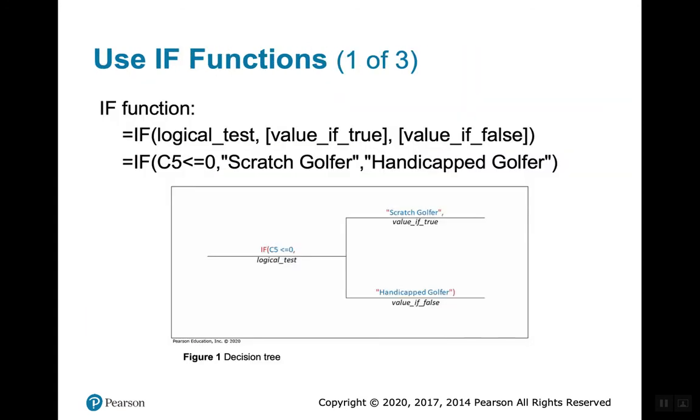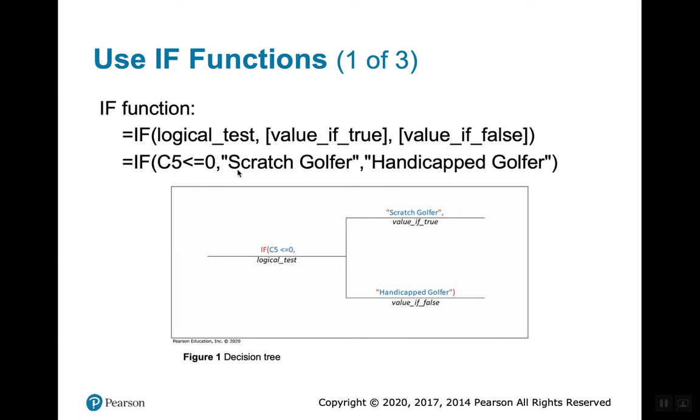Okay, so let's start off with the IF function. It's a very simple logical function. We ask a question. We evaluate something, and then based upon the result of that evaluation, we choose a path. That's it, in a nutshell.